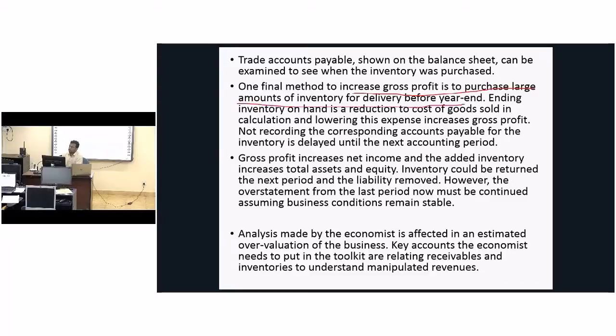Look, one way to increase gross profit is to purchase a large amount of inventory for delivery before year end. That means sometimes you have not bought goods. You have got into agreements with customers, you take the invoice and record it. Understand? Then you can overstate your purchases, right? It will not come into your closing stock. It is hidden. So then you can overstate your cost of sales.